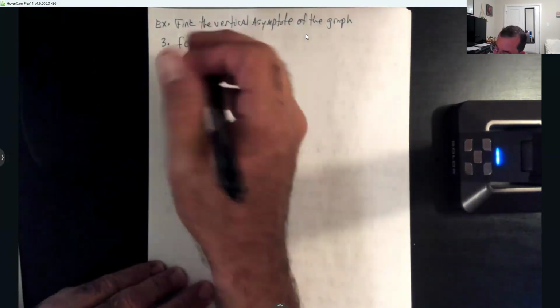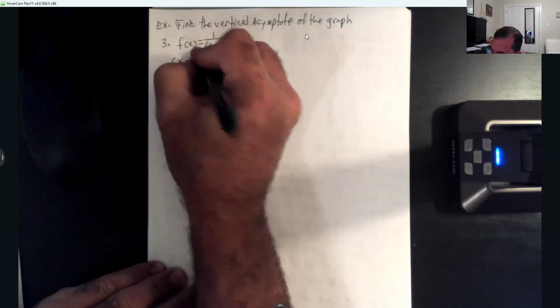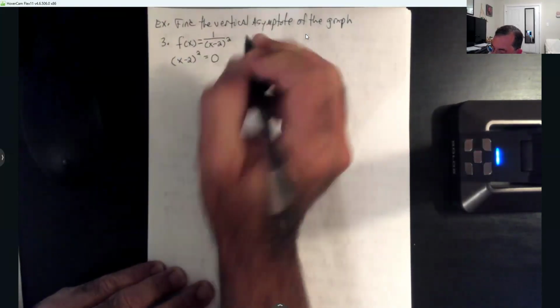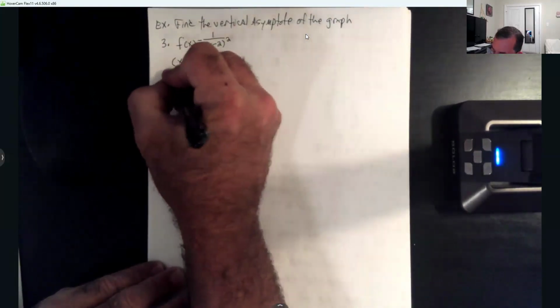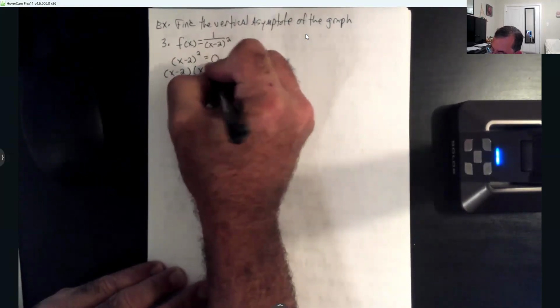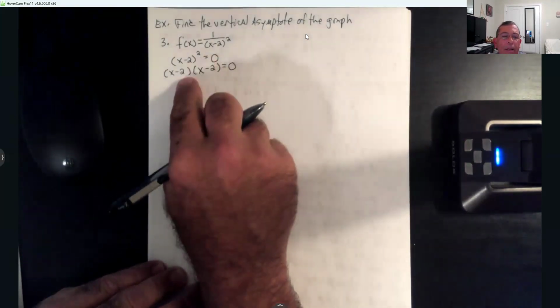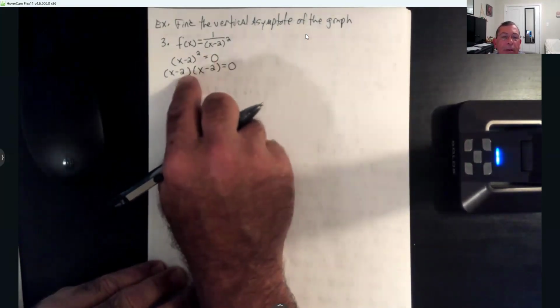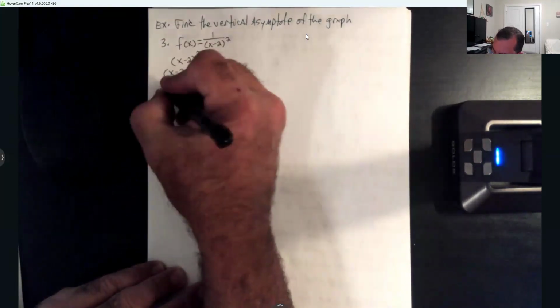So I'm going to set this equal to 0. And y'all remember, x minus 2 squared is x minus 2 times x minus 2. Now, since I'm solving this, I don't want to FOIL it. I just want to take both of these and set them equal to 0.